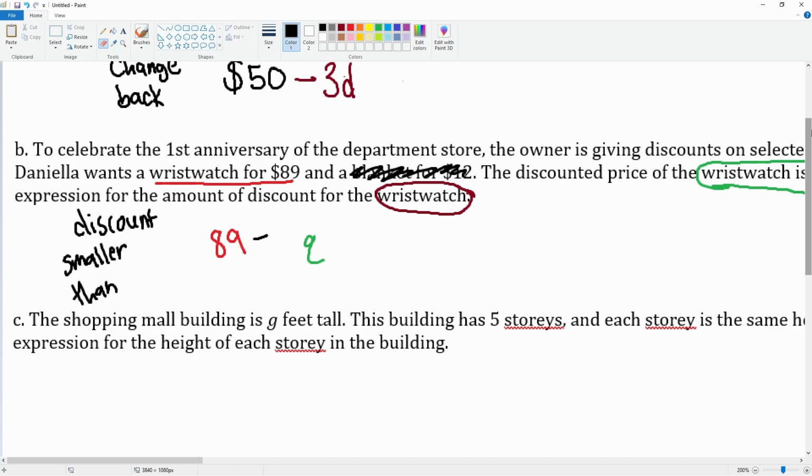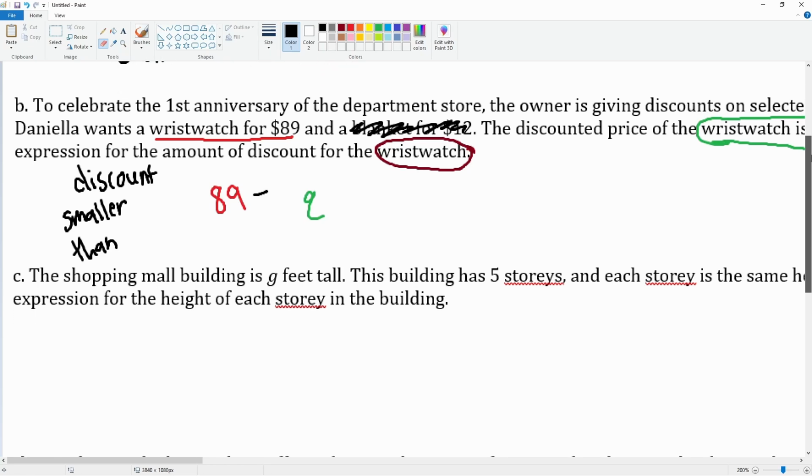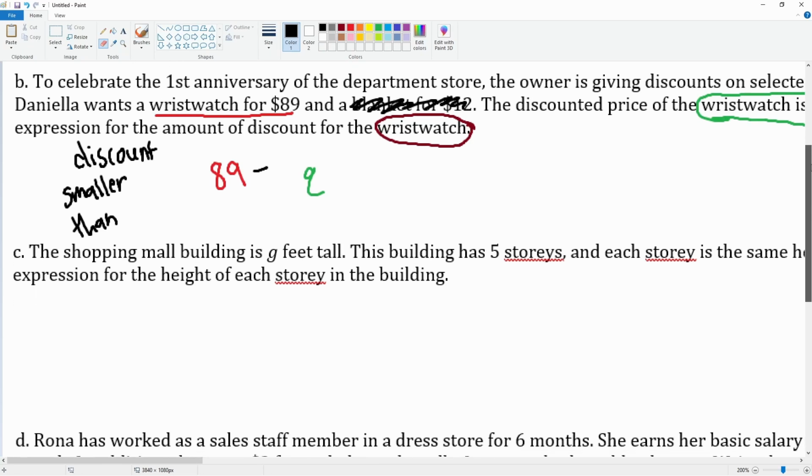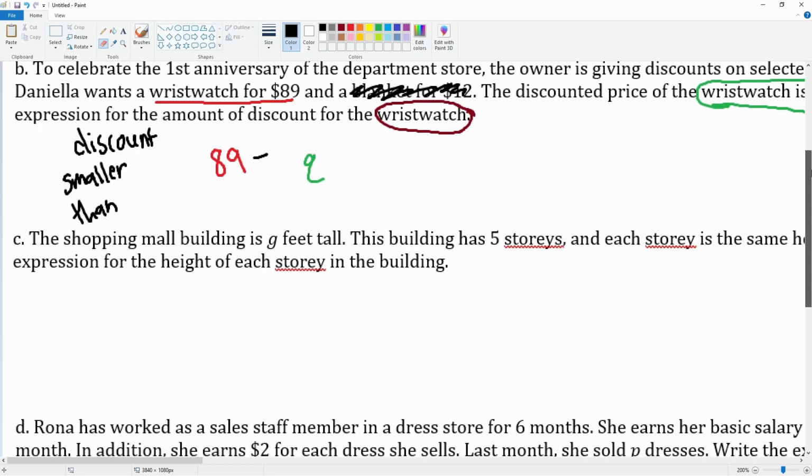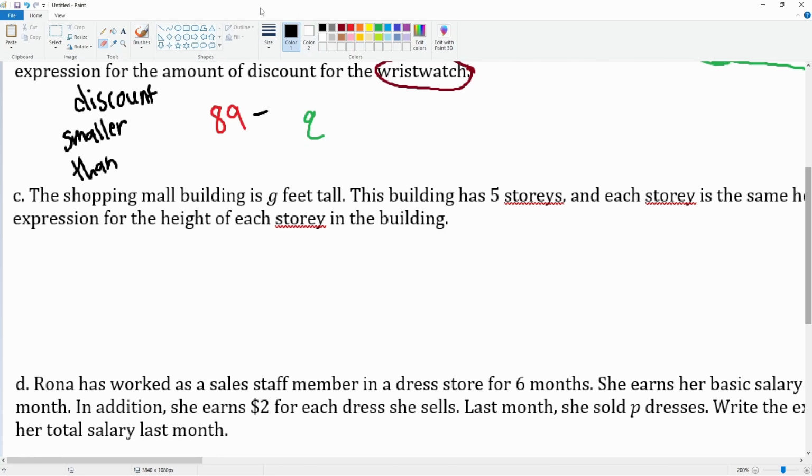Now, let's take a look. For C, the shopping building is G feet tall, and the building has 5 stories, and each story is the same height. Write the expression for the height each story in the building is. So let me draw the building so you can see it. Here's the building.